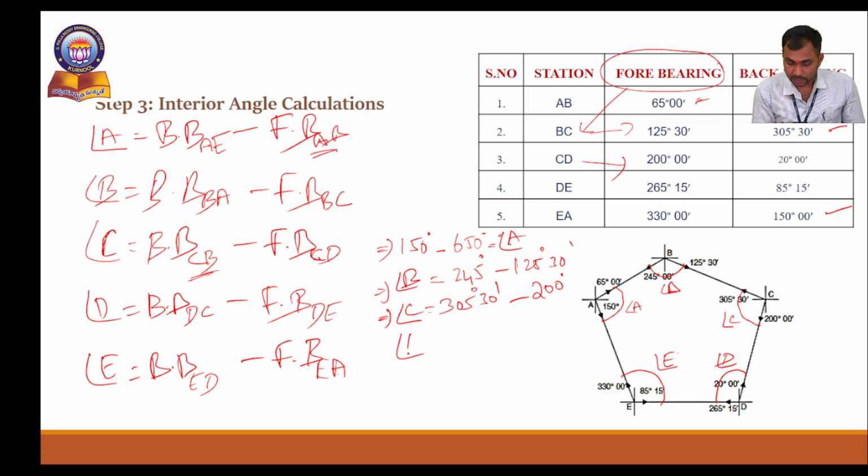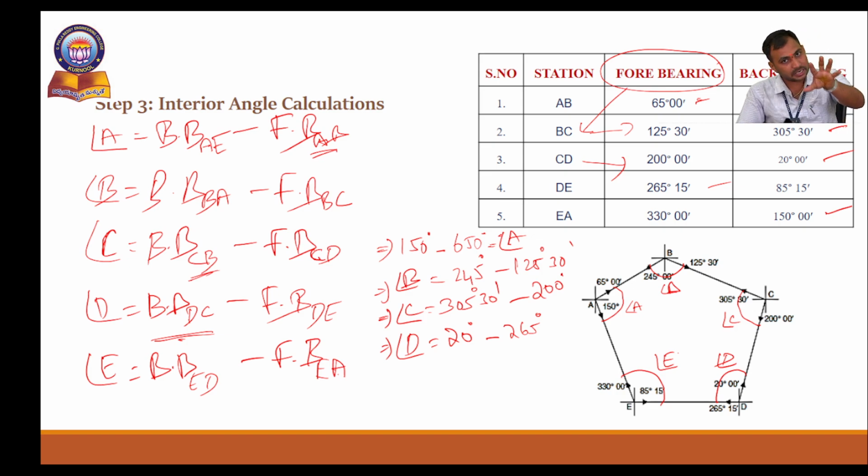Next, for angle D, the back bearing of D is C, which is 20 degrees, minus the forebearing of D to E, which is 265. Definitely here we will get a negative value, so we have to add 360 degrees to remove the negative value. Then we will get our interior angle.